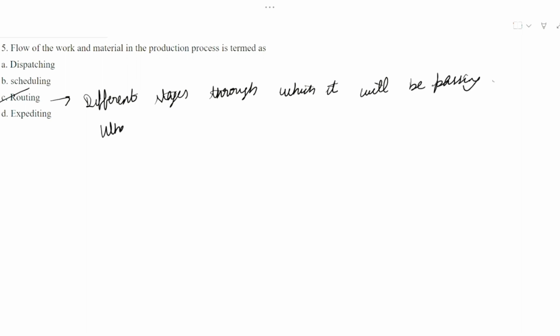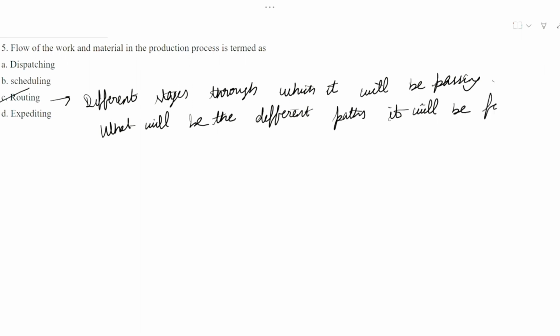So what will be the different paths it will be following will depend upon the layout of the facilities.